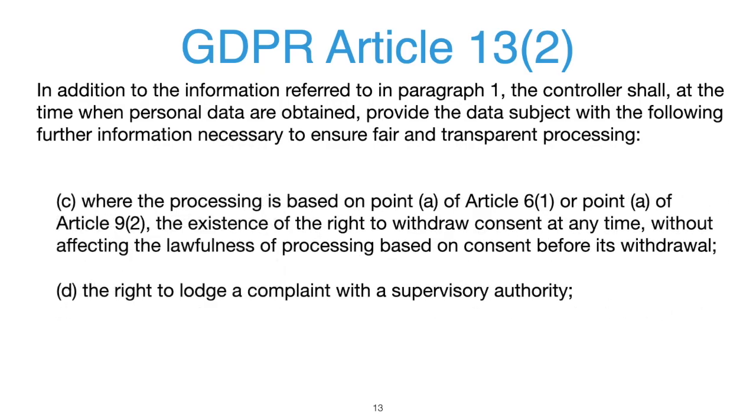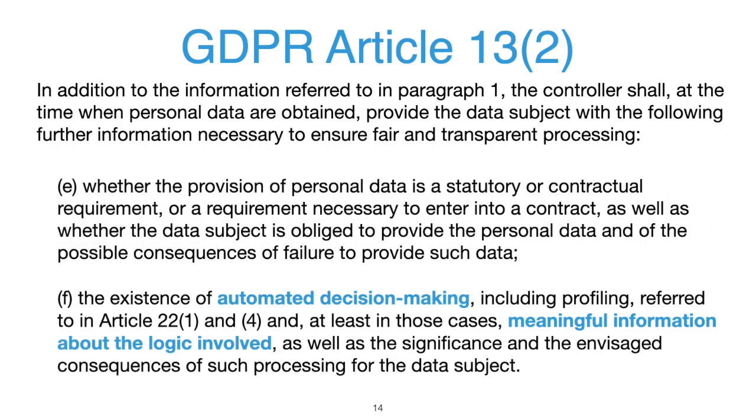Article 13.2c specifies that if consent is the mechanism by which the data processing is being made lawful, then the data subject must be advised that he or she can withdraw the consent at any time. And the data subject must also be advised of the right to lodge a complaint with the supervisory authority. We will talk about the supervisory authorities at a later stage.